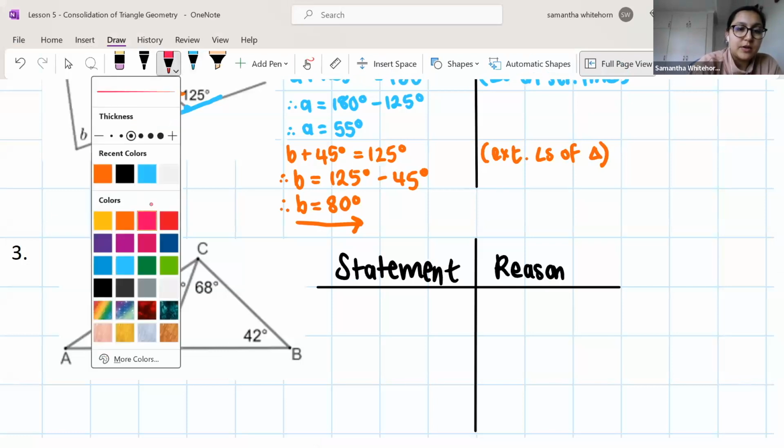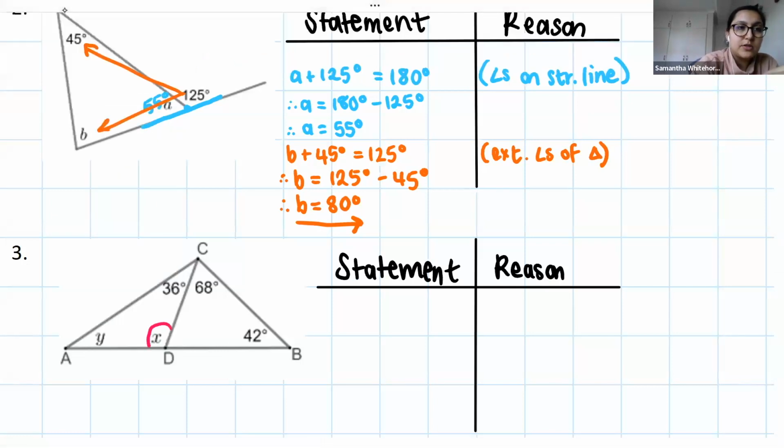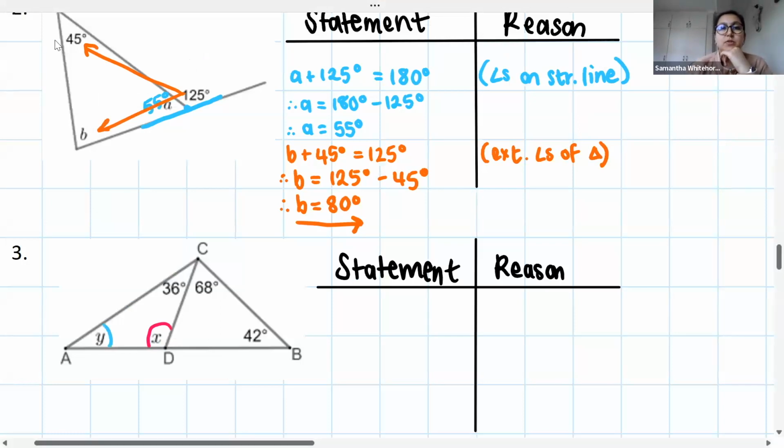If we have a look, we've got angle X that I want you to find, and you've got angle Y that I'm asking you to find. So remember, answers with reasons.